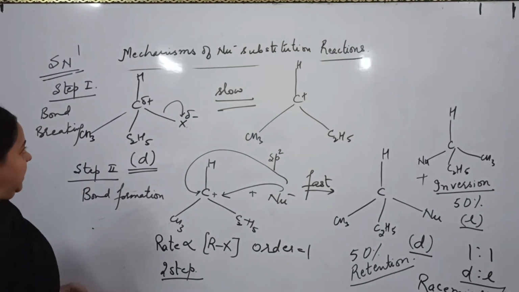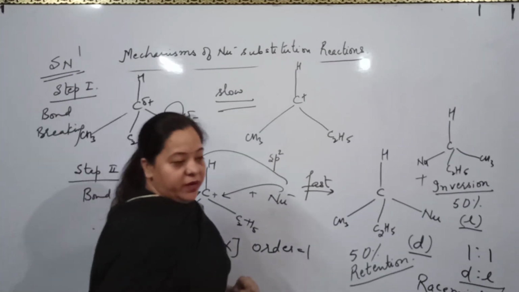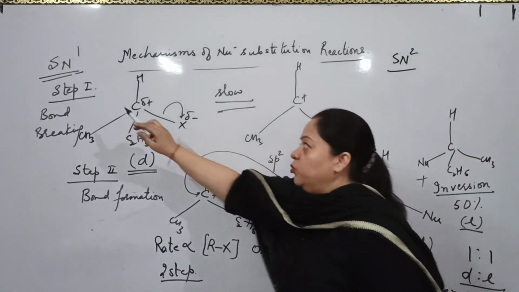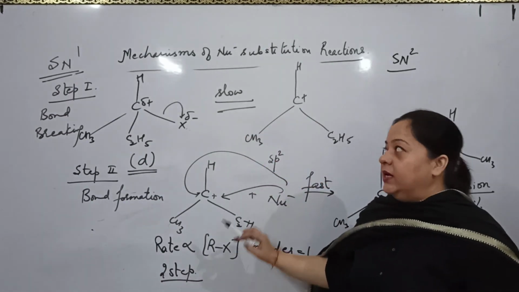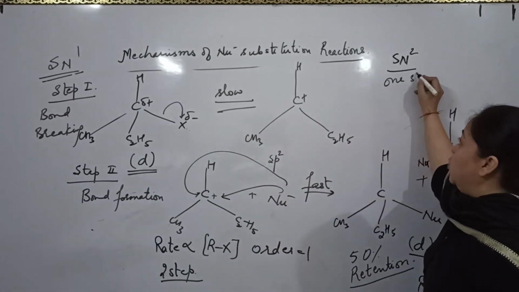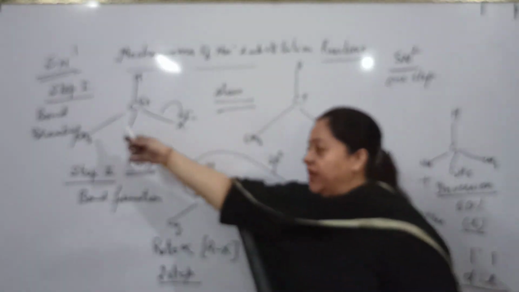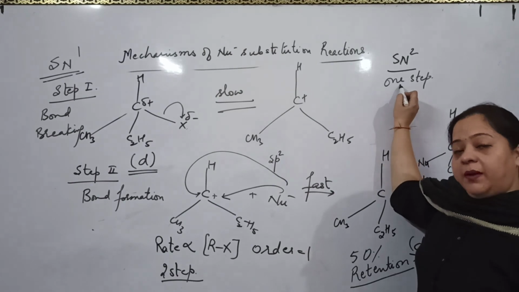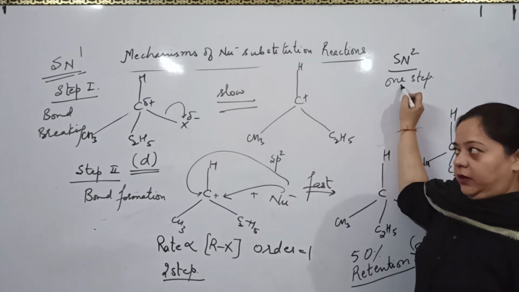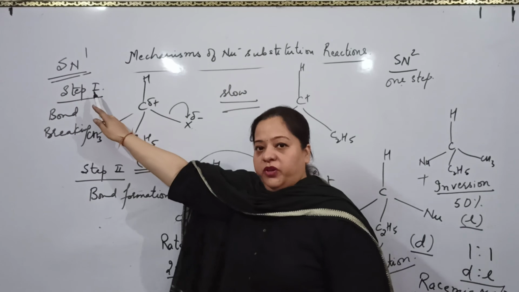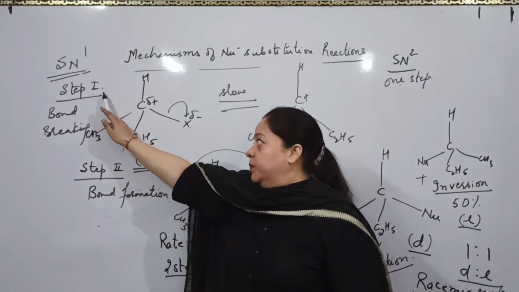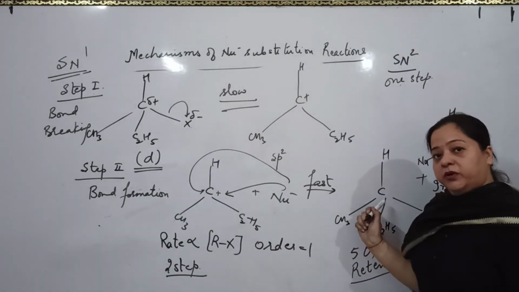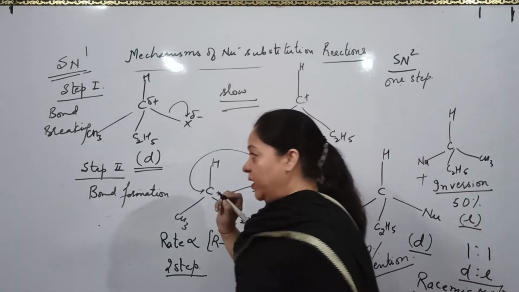So here alkyl halides can react either by SN1 mechanism or by SN2 mechanism. SN1 is a two-step process and SN2 is a one-step process. In this case, first step is bond breaking and then bond formation, and in this case, simultaneous bond formation and bond breaking. In this case, with increase in the bulkiness of the groups, the reactivity increases because the stability of the carbocation intermediate increases.